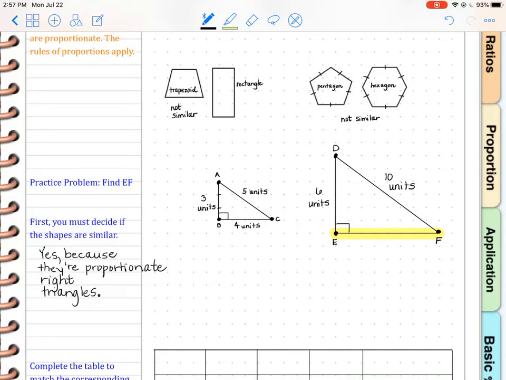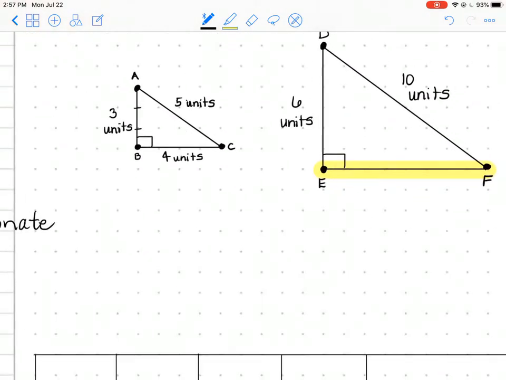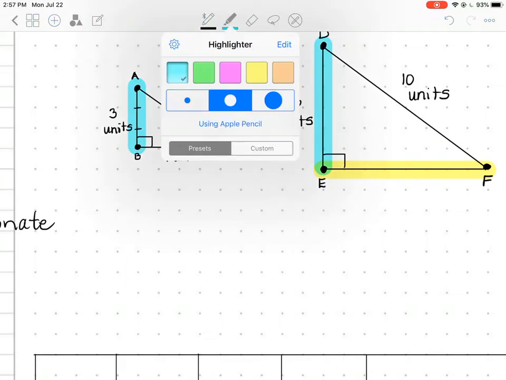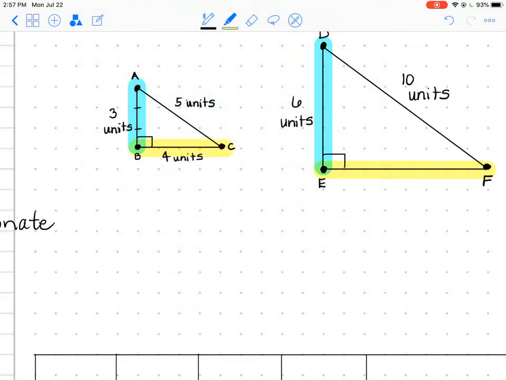And because they're proportionate, the rules of proportions apply. So here's how we're going to find EF. And I'm going to highlight in color the 2 pieces that I'm going to be using. I'm going to use this one, and this one, and this one, and this one.